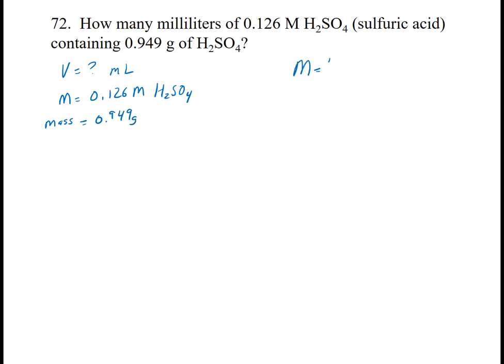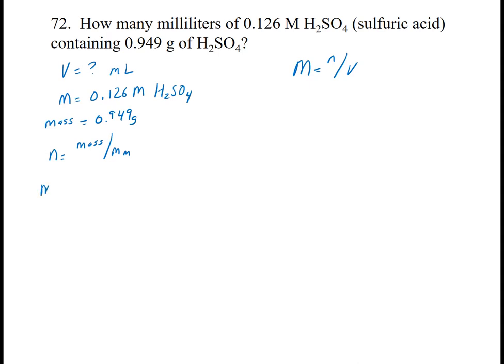Okay, I'm going to do basically the same thing. The big M is N over V. I have M. I want to solve for V, but I do not have N. So again, going back to chapter 3, N, which is the moles, is the mass divided by the molar mass. I have a mass, and I have a compound so I can find the molar mass.